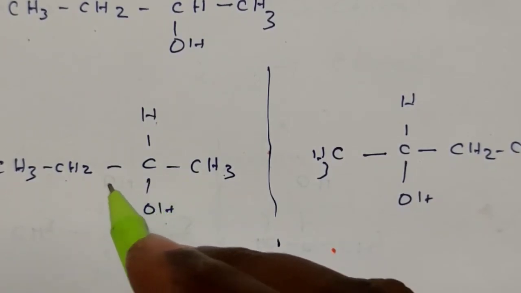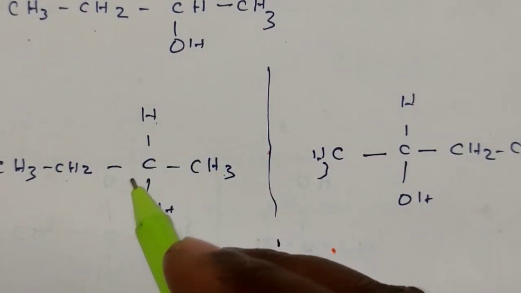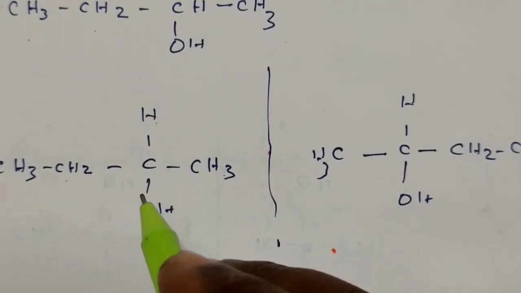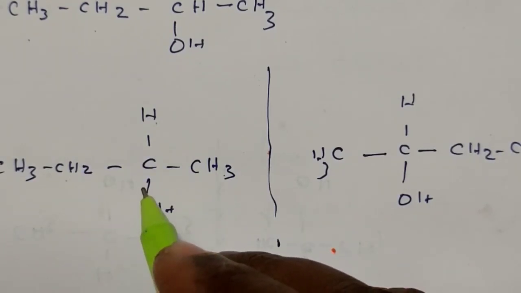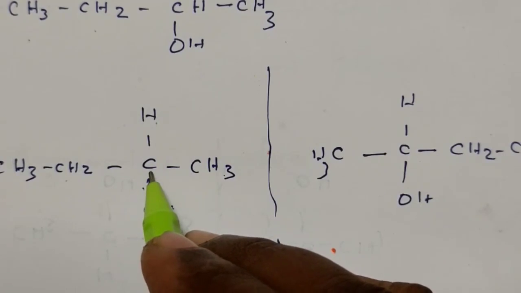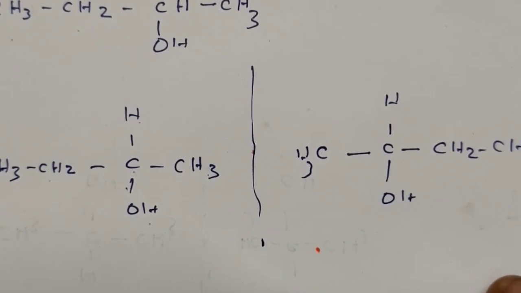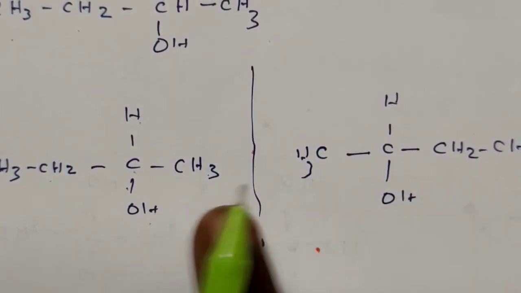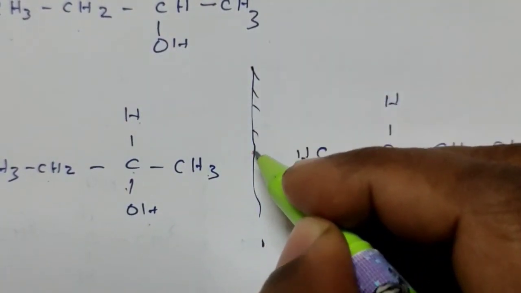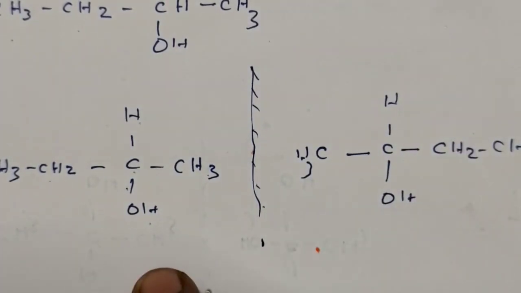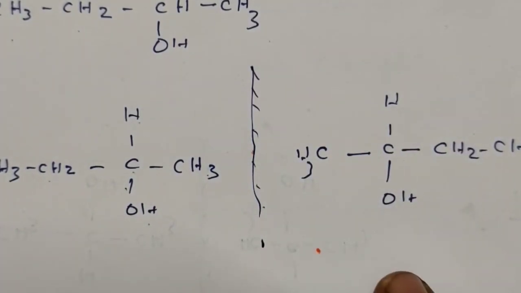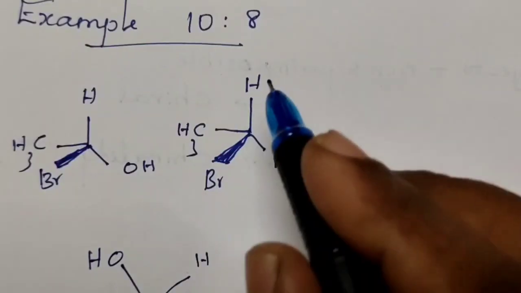That means four different groups are attached to the central carbon atom, so this is a chiral carbon. The molecule is non-superimposable with its mirror image. Such non-superimposable compounds are called optically active and are called enantiomers. Now example 10.8.